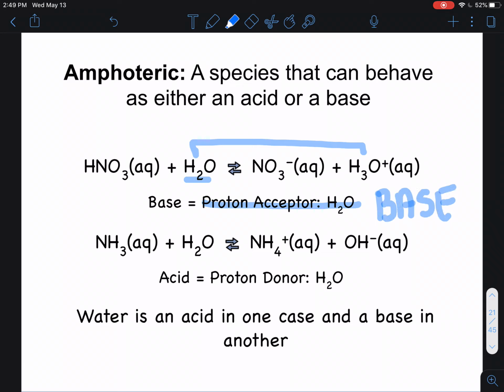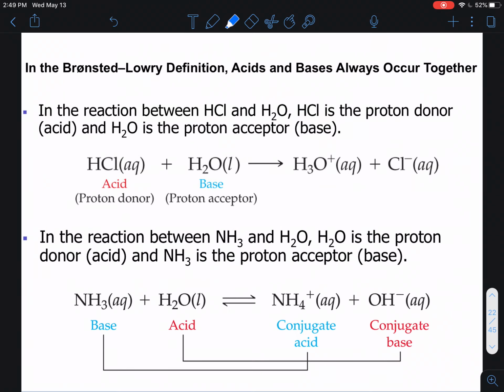But then we look at this example right here. We start off with water, and then what happened to water? It lost a proton, so it acted as an acid in this situation. Okay, so water is an acid in one case and a base in another, and that is totally normal because that is what water does.